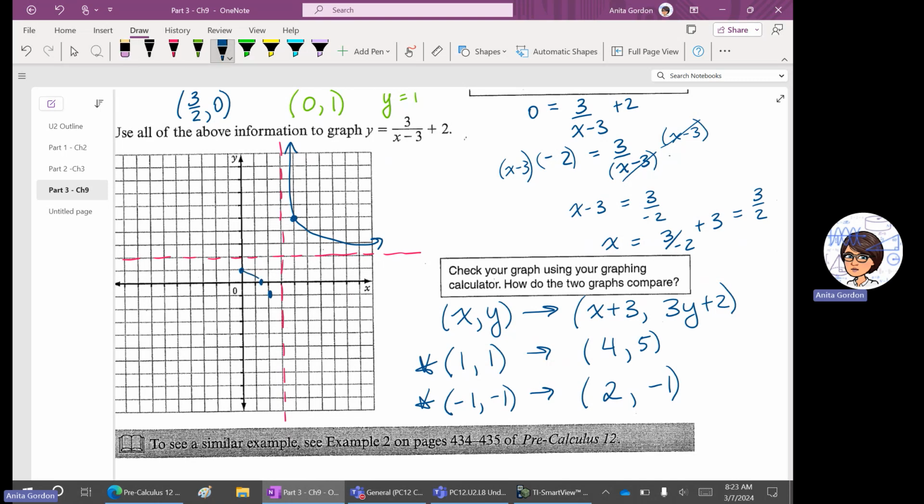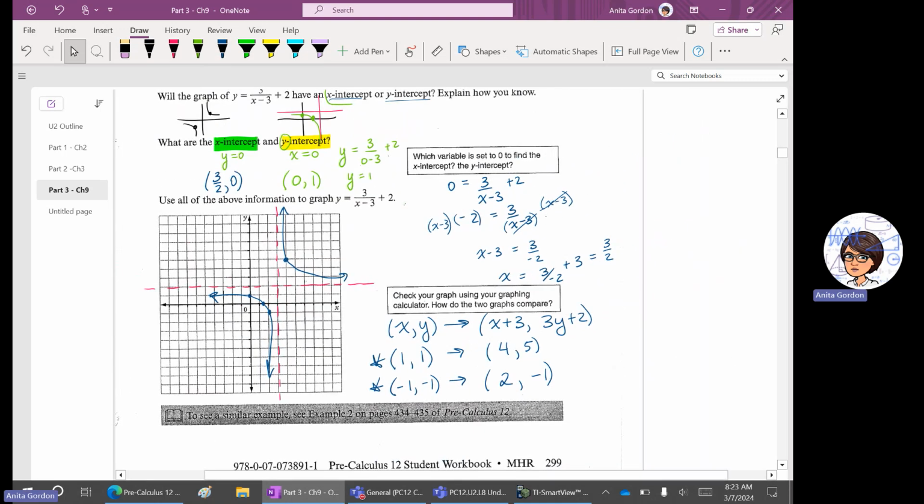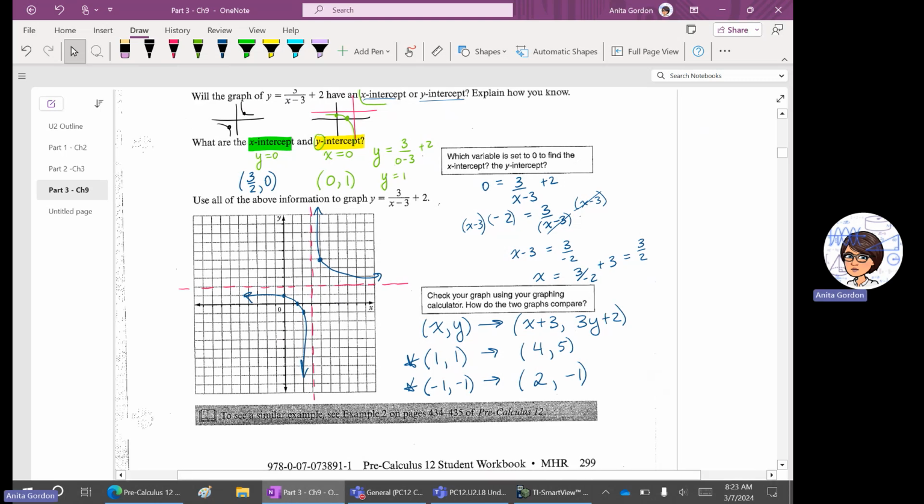It should be there. There we go. Okay. So you can always map 2 key points. You know the original points are always 1, 1 and negative 1, negative 1, and you know where your asymptotes are. You can find your x and y intercepts by setting the other variable to 0.